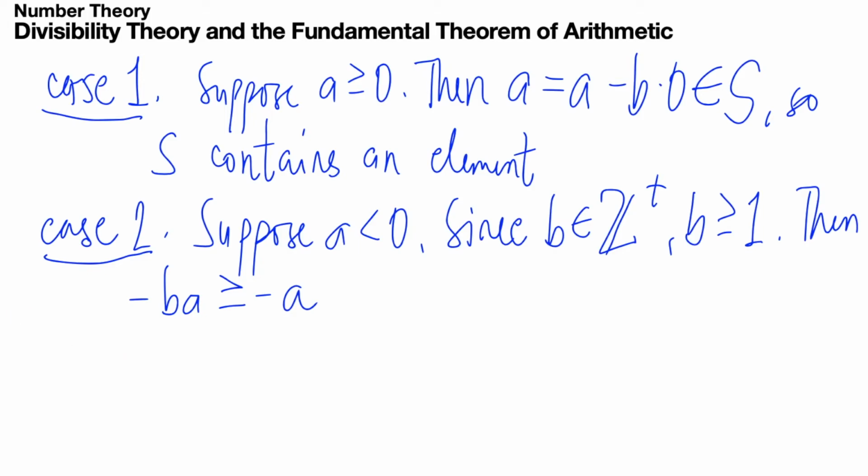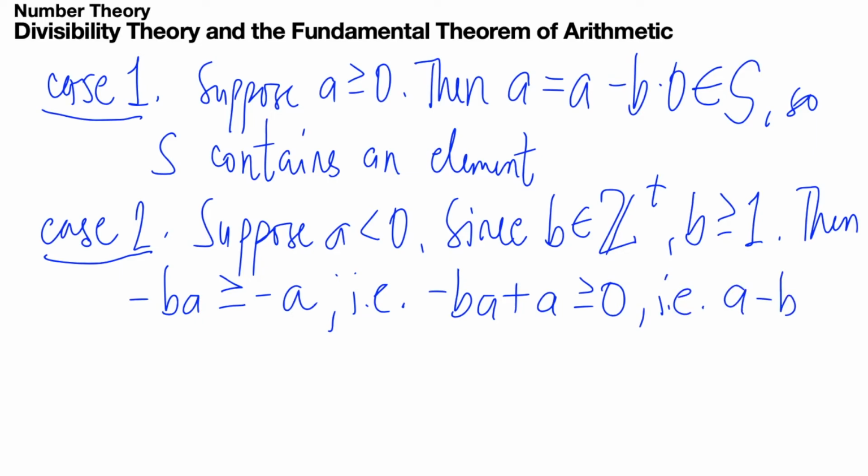Furthermore, if we continue, we can transpose the a to the other side. So minus ba plus a is greater than or equal to 0. Or we can simply write this as, just rearrange them, a minus ba is greater than or equal to 0.